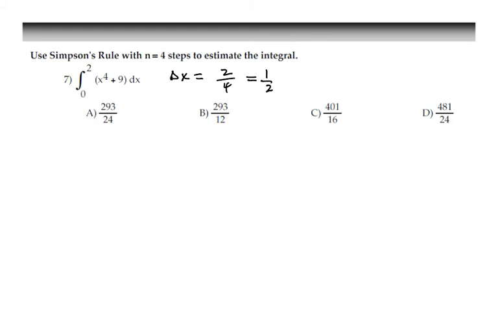And now we're going to set up the table of values of x and y. x0, of course, would be 0, and then 1/2, 1, 3/2, and 2.